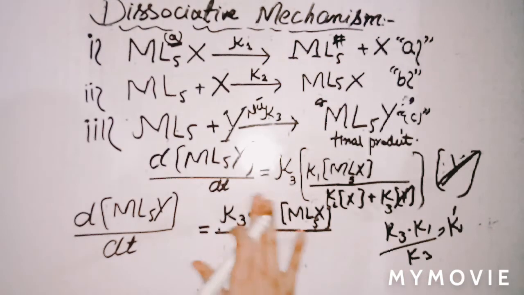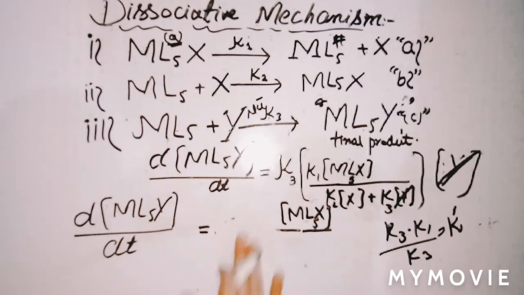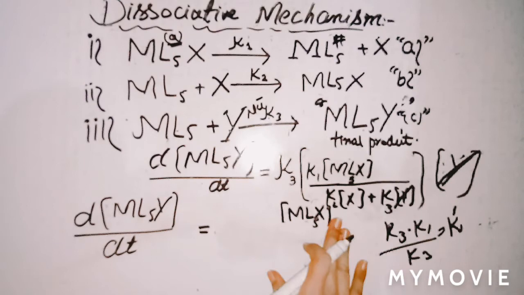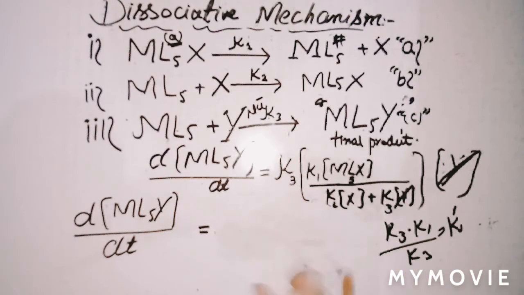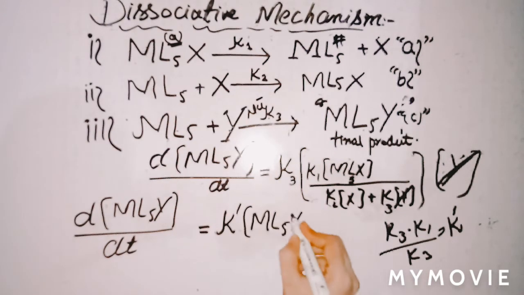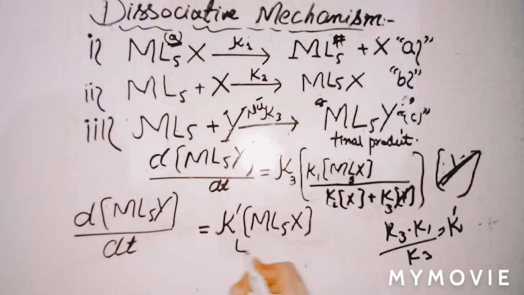So removing these values, we can write the equation as K prime into the concentration of ML5X. So it is a first order reaction.